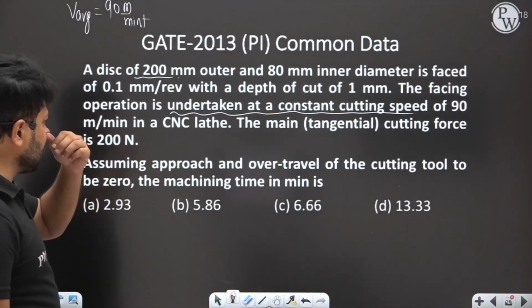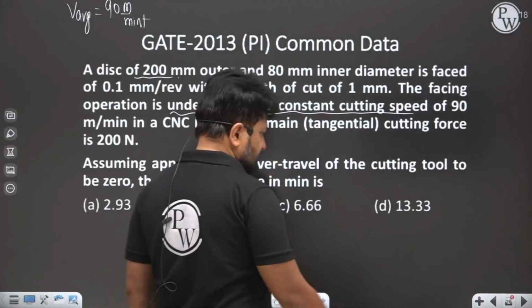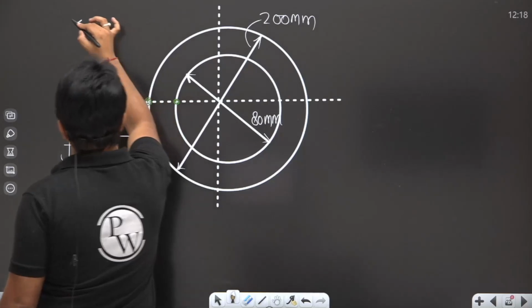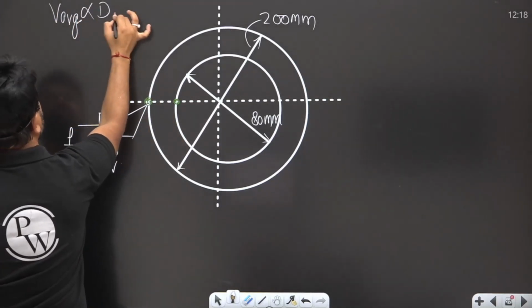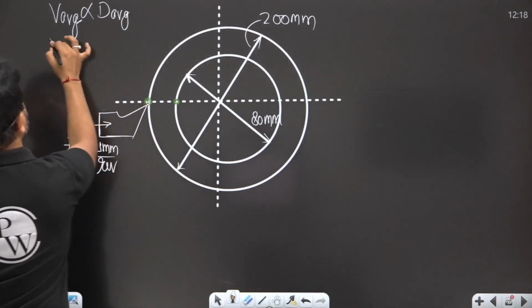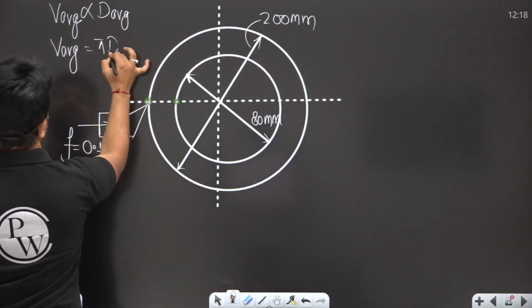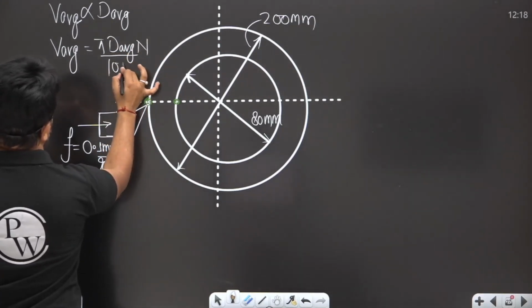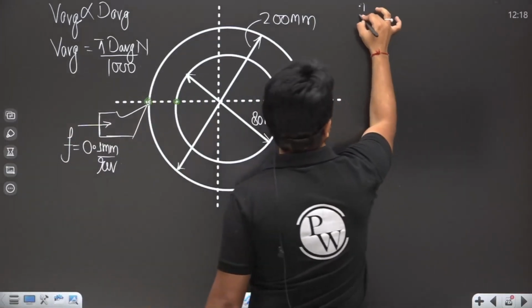Assuming approach and over travel of the cutting tool to be 0, you have to find the machining time in the facing operation. V average is proportional to D average, so you can write V average equal to pi D average into N divided by 1000.